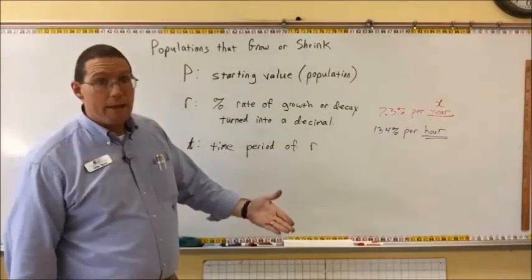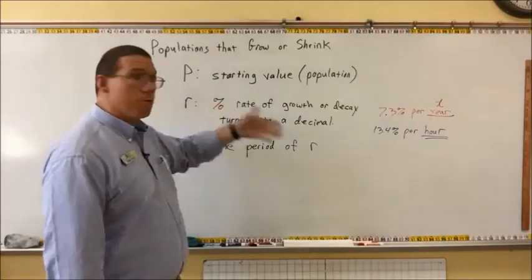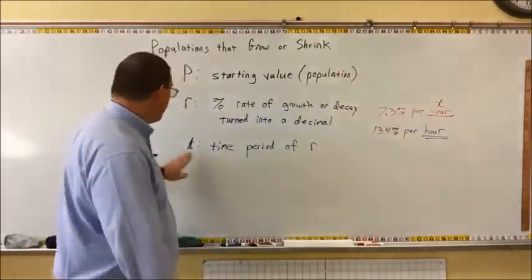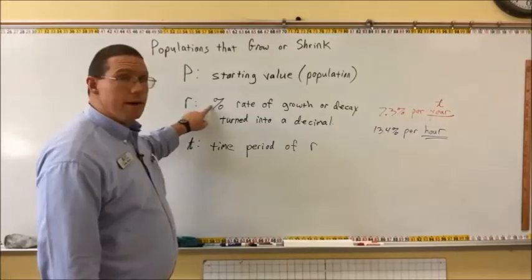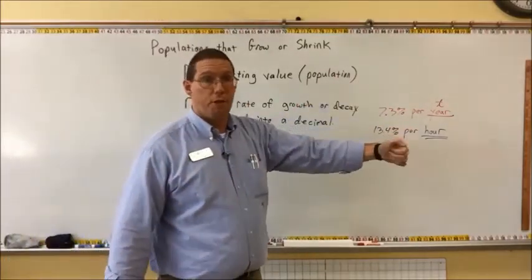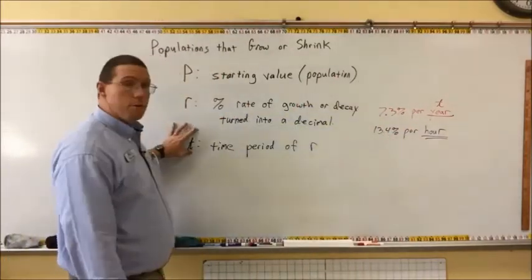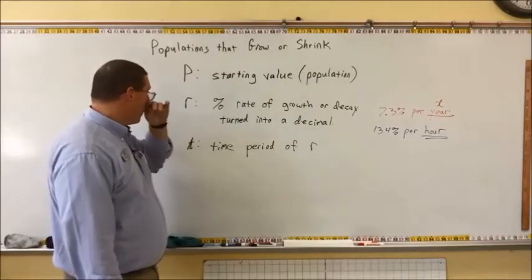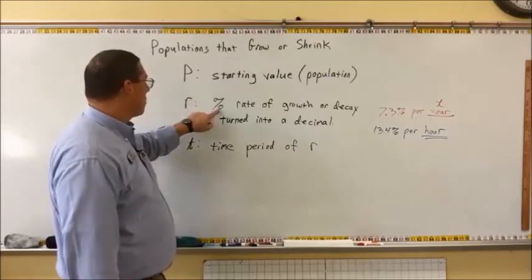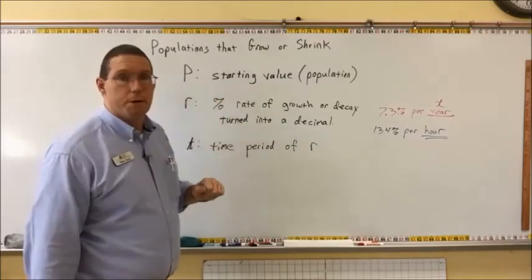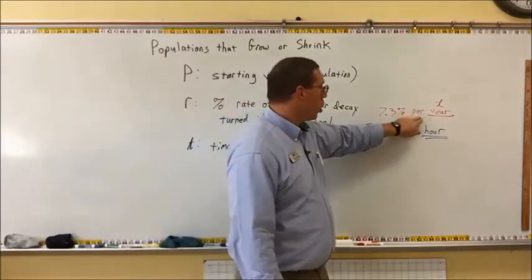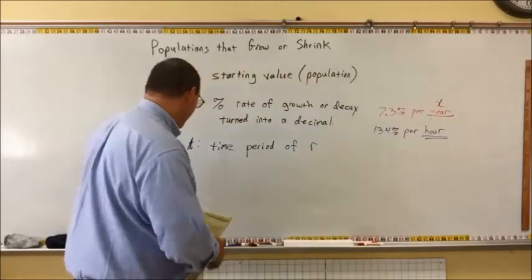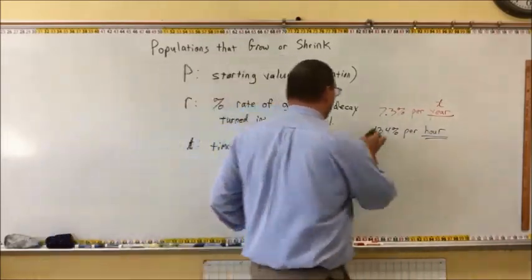It can be days if the rate is given in percentage per day. It can be months if your percentage rate is given in per month. So the time variable is the time period of the R percentage period. That's T. All right, let's move on to the next letter.